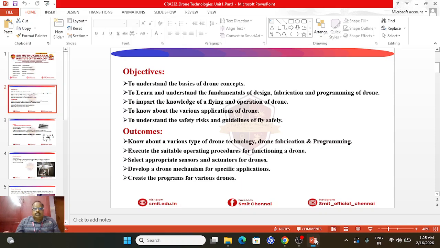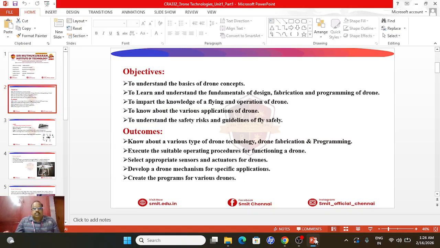Also to impart the knowledge of flying and operation of drones, to know about the various applications of drones, and to understand the safety risks and guidelines to fly safely.